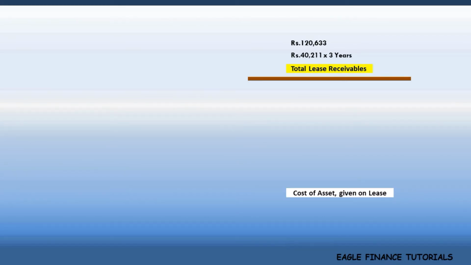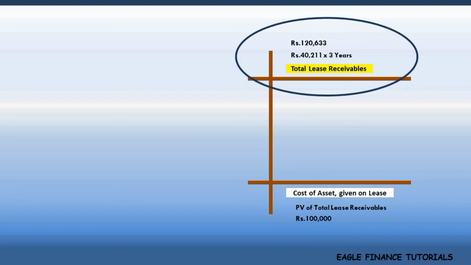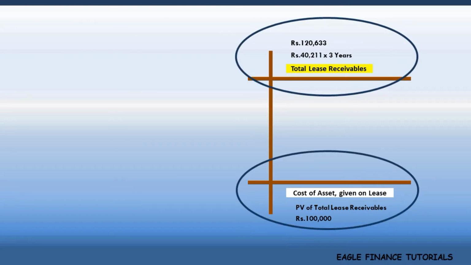These are the total lease receivables. This is the total present value of the lease receivables, which is also the value of asset given on lease. The difference between the total lease receivables and the total of their present values is the finance income in the lease.